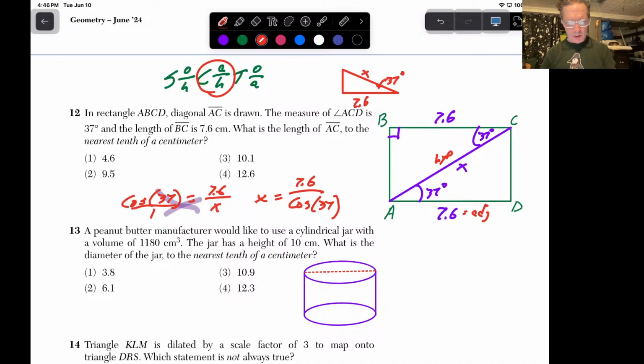And the, oh, ACD. Oh, that's why. I got my angles mixed up. Clearly I didn't draw this to scale properly. So this was 37 degrees. And this is 37 degrees. Right? Because it was angle ACD.